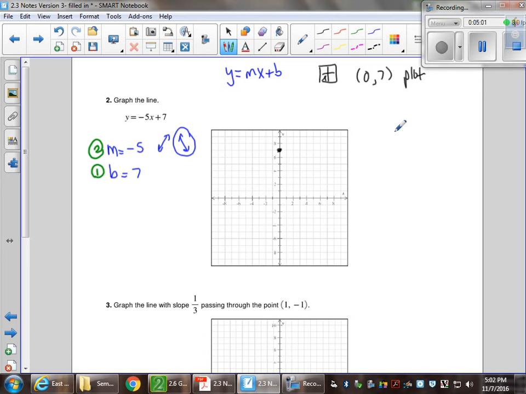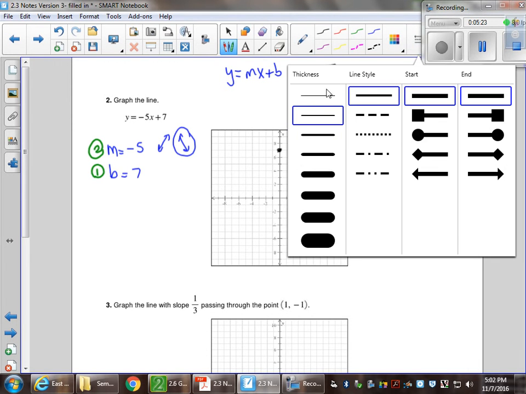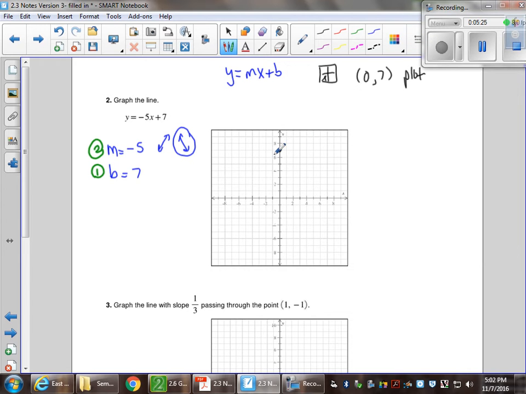Now, my slope is negative 5, which is, again, over 1. Now, notice I can't go up. I don't have room. And this is why it's so important to be comfortable going both directions. Well, if we can't go up, we go down. 1, 2, 3, 4, 5. Just in case that pen movement is hard to follow, I'm going 1, 2, 3, 4, 5.